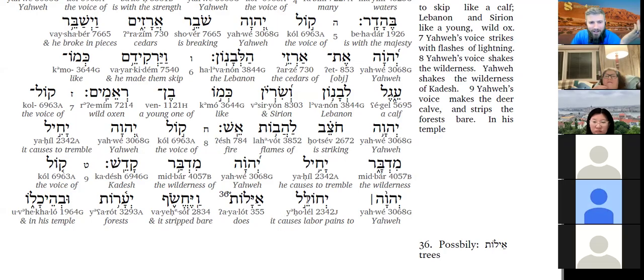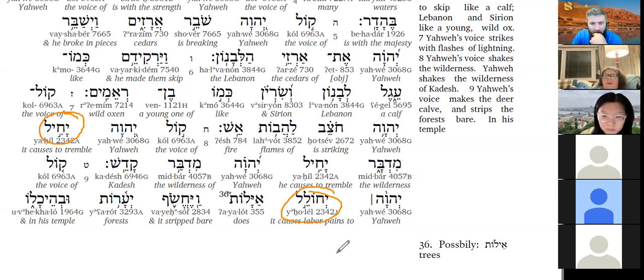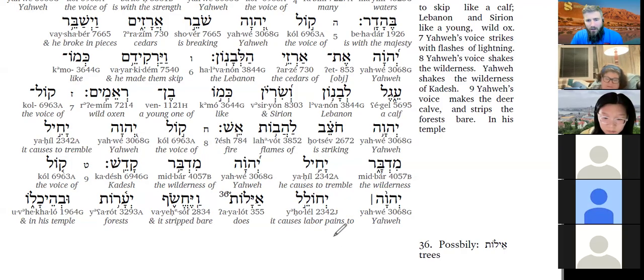See? Look at that. So here we have Yachil and what binyan? Polel. It looks like polel. And then what is it here? Yecholel. Looks like polel. Exactly. But it's the disambiguation A and J, so I'm not sure what's going on there. Yecholel causes labor pains to writhe, maybe.